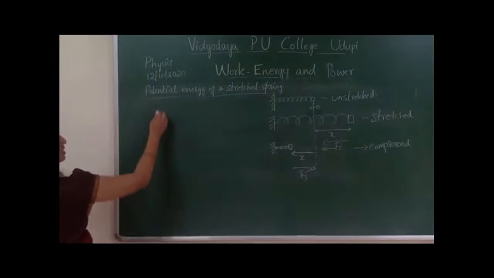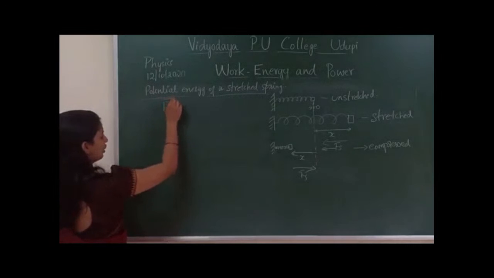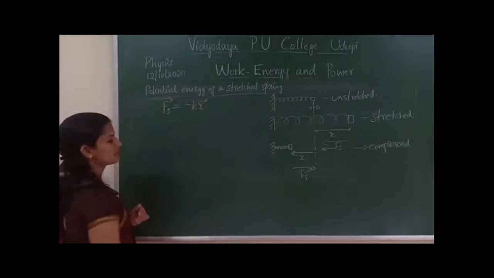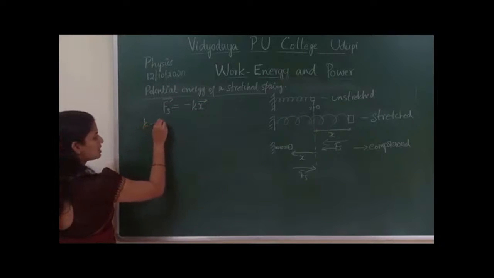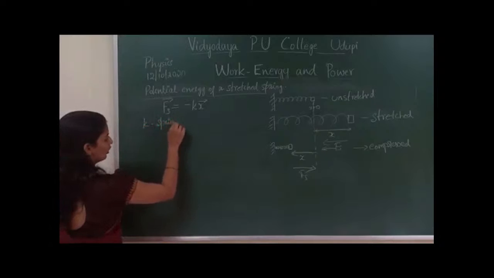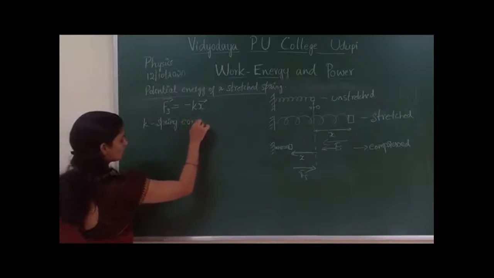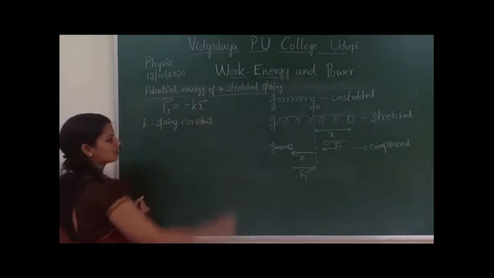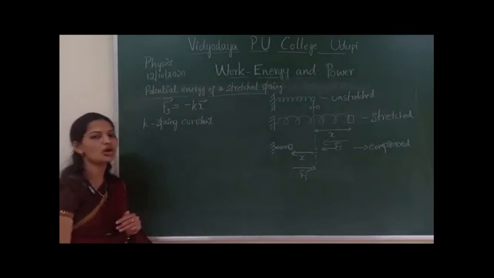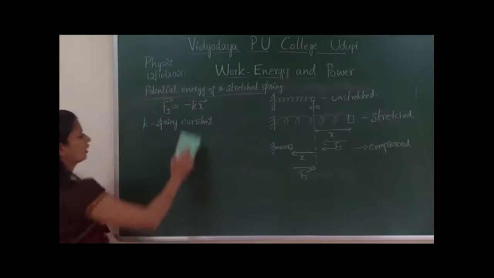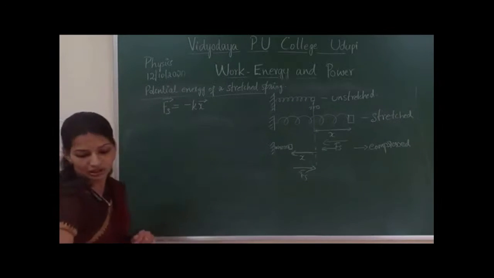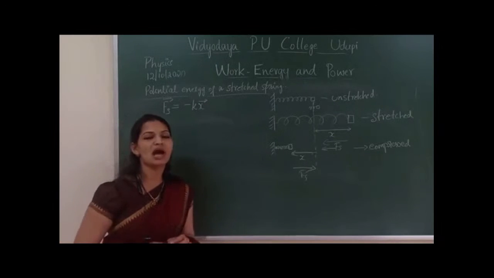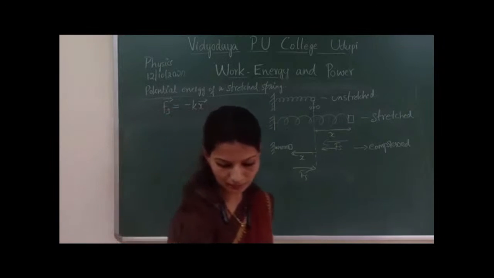We have the spring force expression, that is Fs is equal to minus k into x, where k is a spring constant, Fs is the spring force and x is the extension or compression. I already mentioned Fs, the spring force, is a variable force, its magnitude keeps on changing, right?